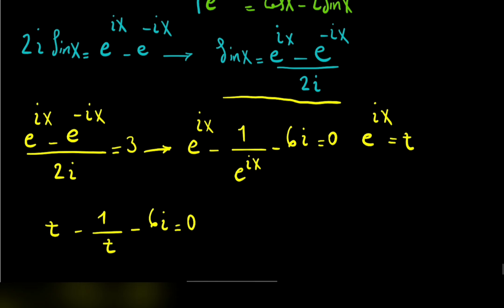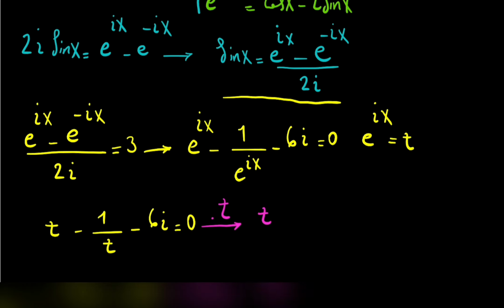And if you multiply this equation by t, so we have a quadratic equation, t squared minus 6 times i times t minus 1 equals 0.